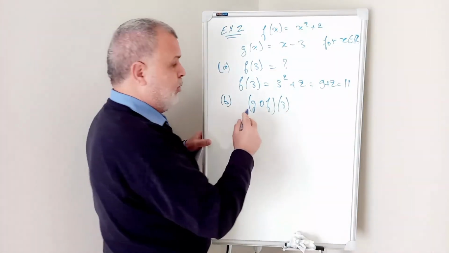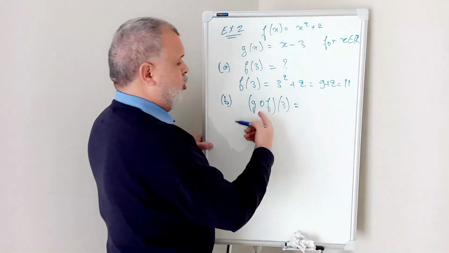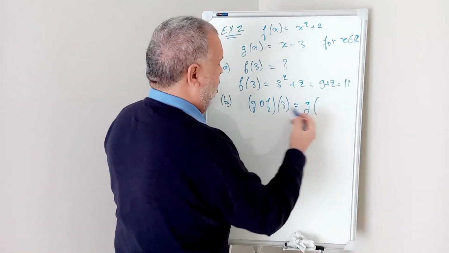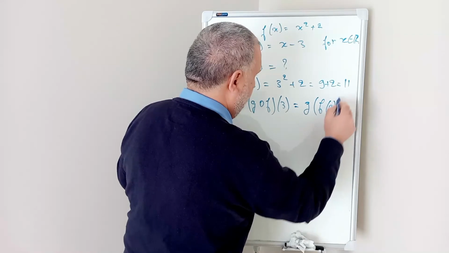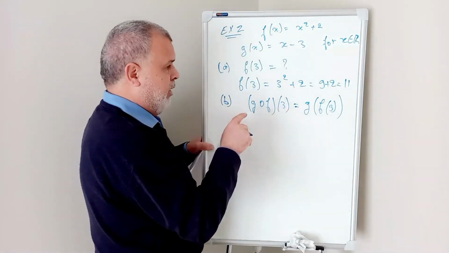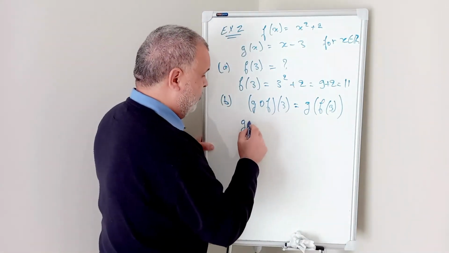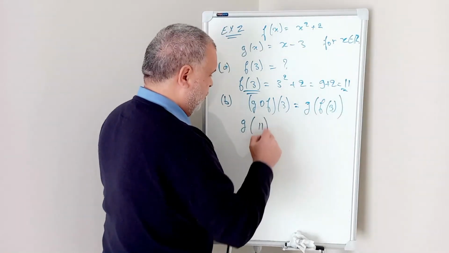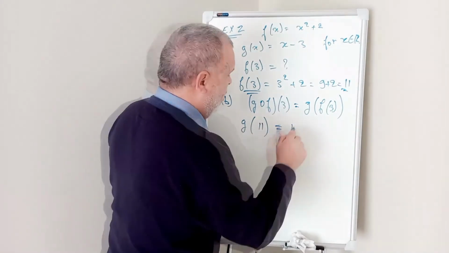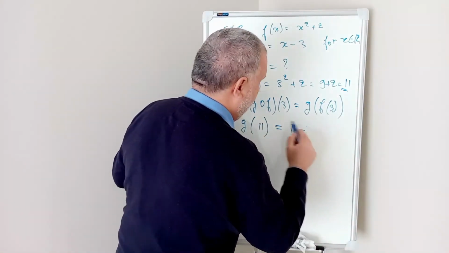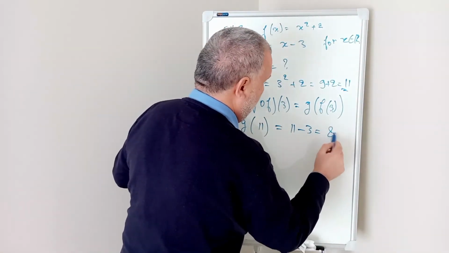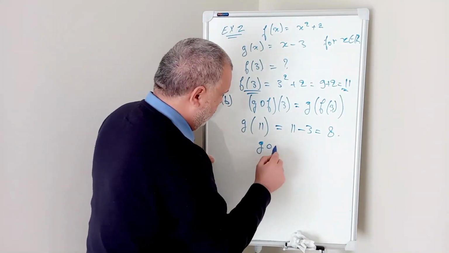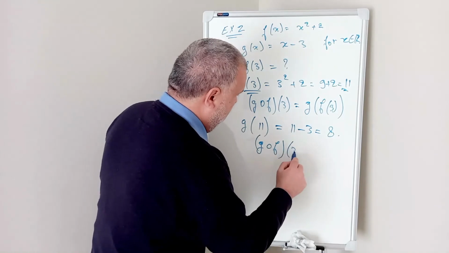So we know that the composition of g and f of 3 is equal to g of f of 3, and f of 3 is equal to 11, so g of 11. g of x is x minus 3, so 11 minus 3 is equal to 8, and this is the composition, equal to 8.